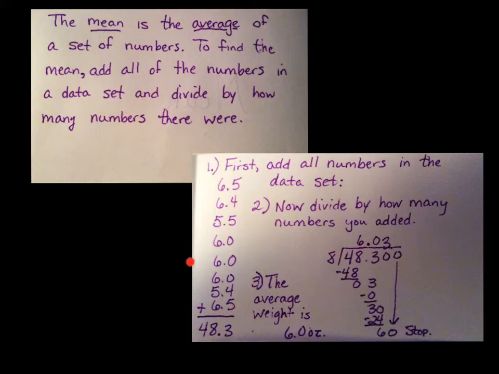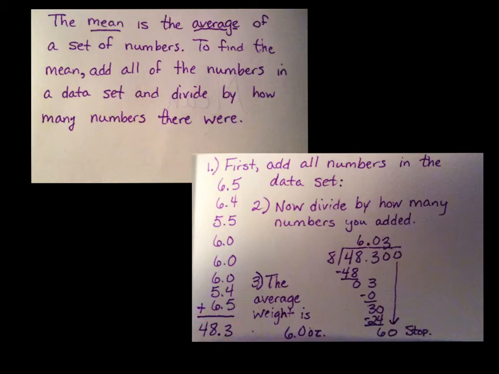First, we add up all of the numbers in our data set. So if we went back to our first slide, we had 6.5, 6.4, 5.5, 6.0, 6.0, 6.0, 5.4, and 6.5. When we add all of those numbers together, we get the sum of 48 3/10.